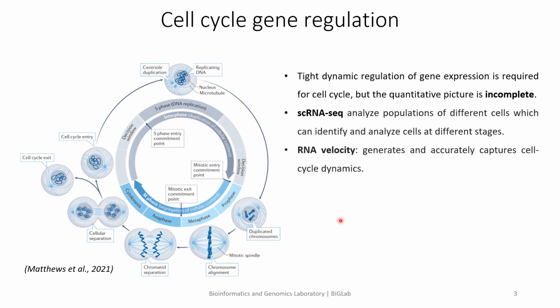And you all know about single-cell RNA sequencing, but what is RNA velocity? This is a method to accurately capture cell cycle dynamics based on genetic data. It means that this method will capture an image of the movements of some targeted genes in cells during a period that we call the cell cycle.